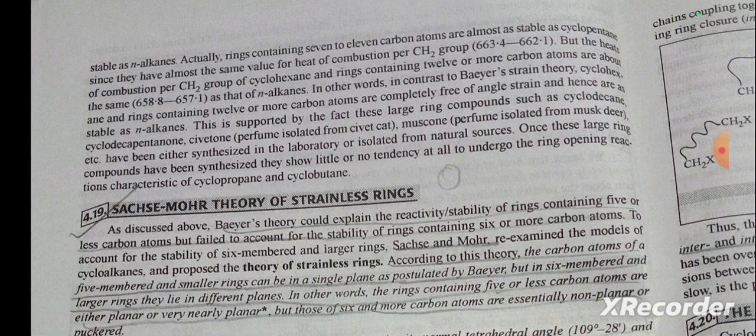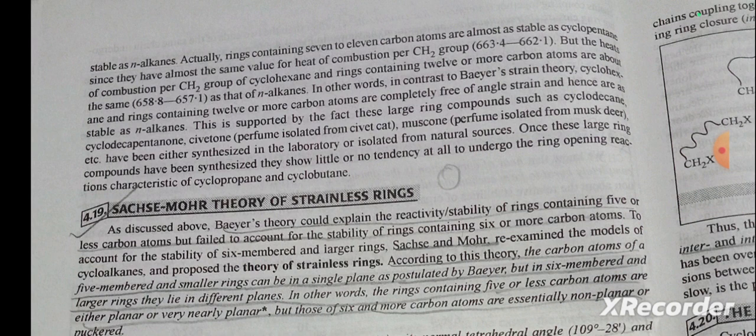In other words, in contrast to Baeyer's strain theory, cyclohexane and rings containing 12 or more carbon atoms are completely free of angle strain and hence as stable as an alkane.